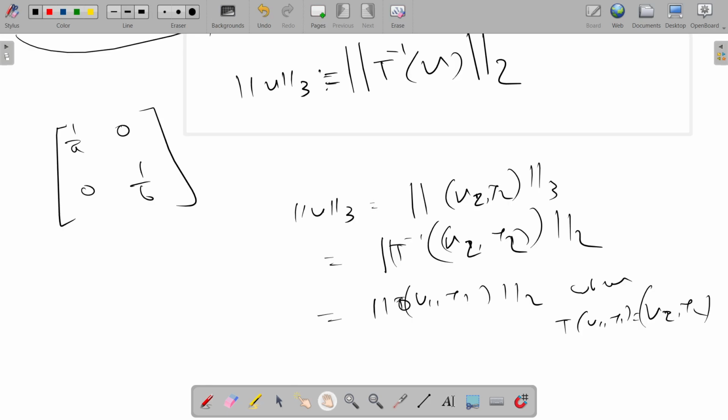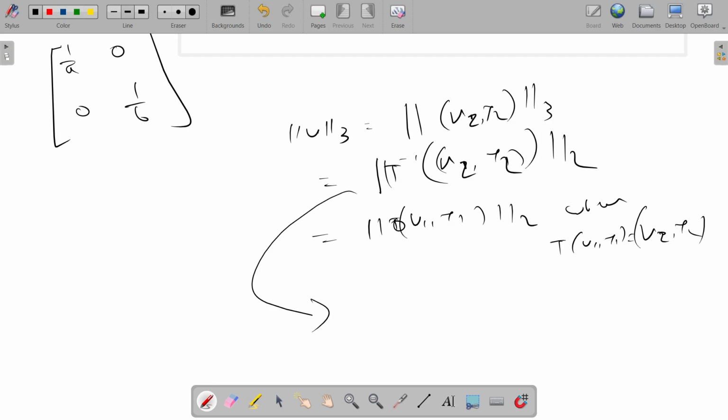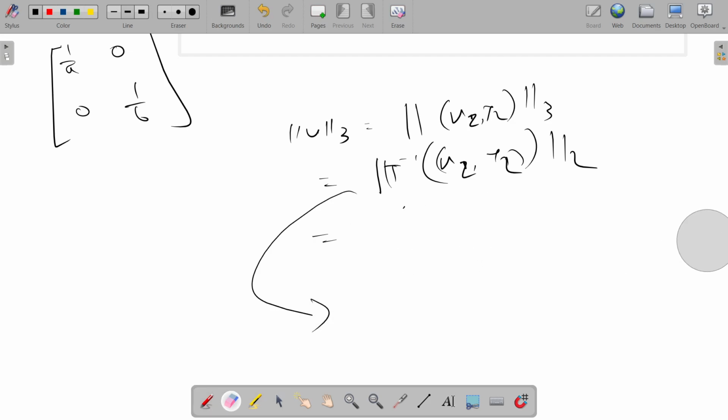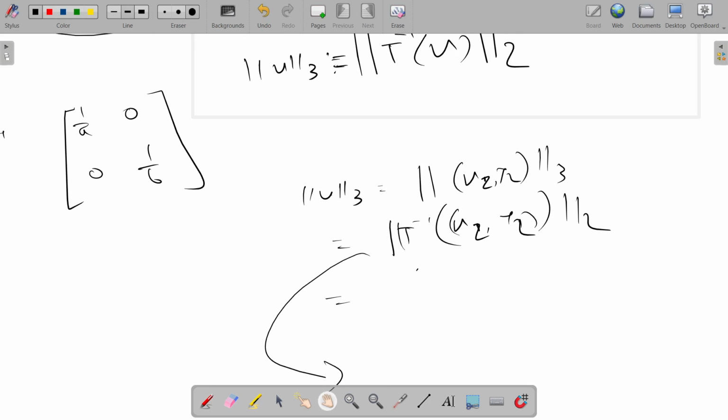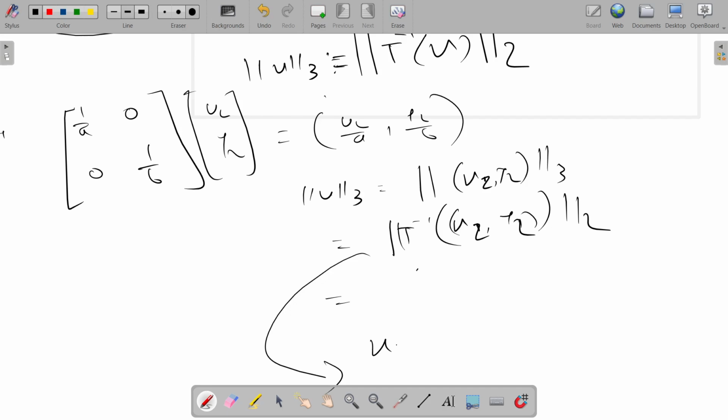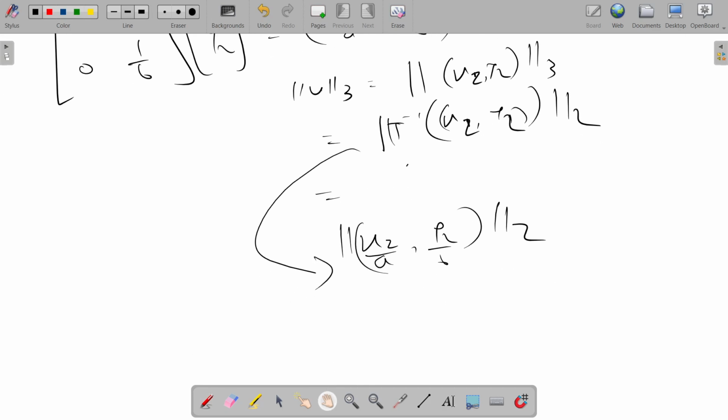Since we know what T inverse is, x2 y2 will give us x2 by a and y2 by b. And the norm in the usual norm is nothing but x2 square by a square plus y2 square by b square equals to 1.